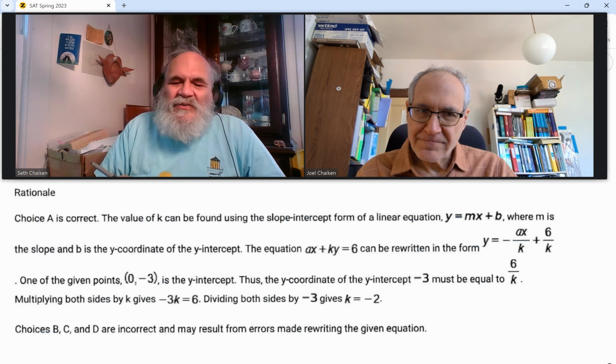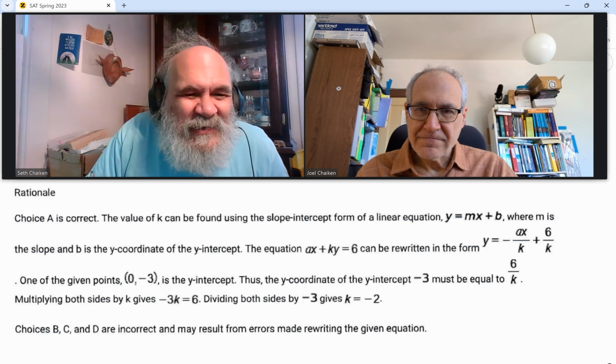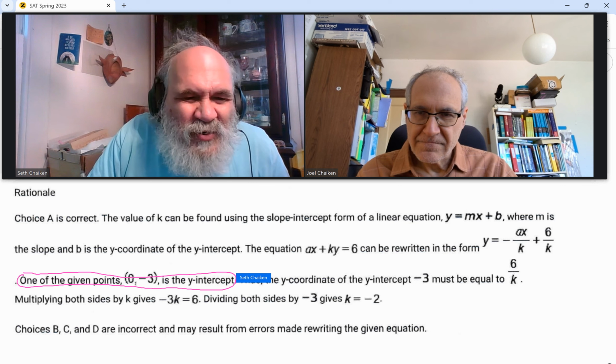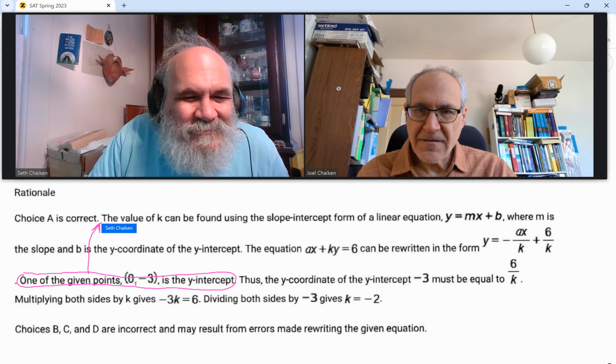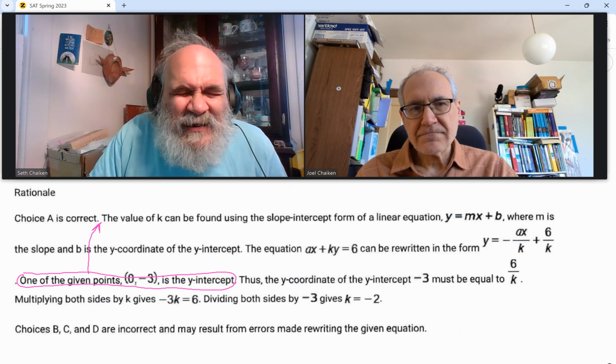What would have been much better is if they took this sentence, "One of the given points is the y-intercept," and put it over here.